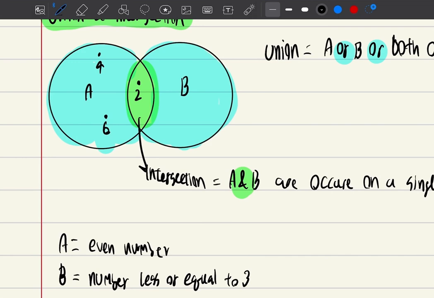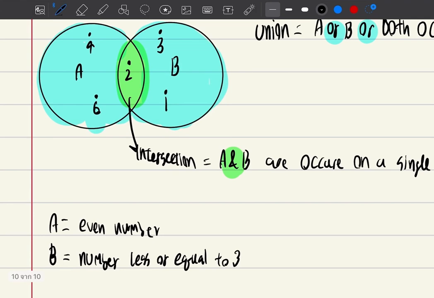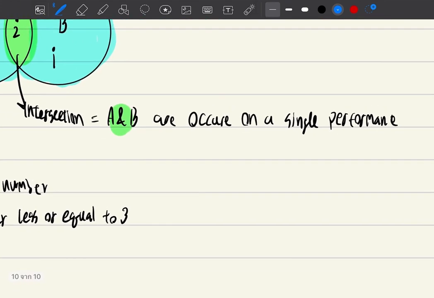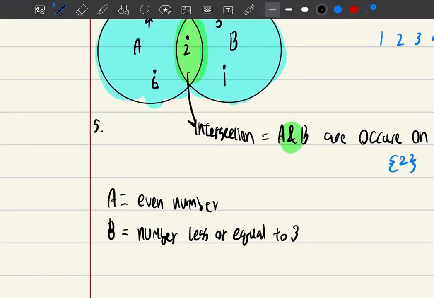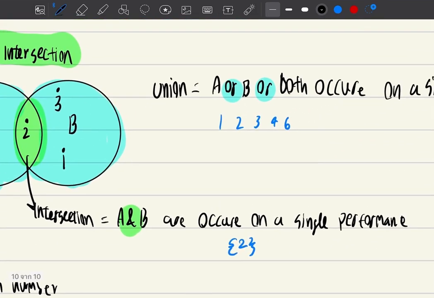The reason we write 2 in the middle is that it's also a number less than or equal to 3, so it's also event B. So 2 is the intersection. And the union has 1, 2, 3, 4, 6, because 5 is not an even number and is not less than or equal to 3.